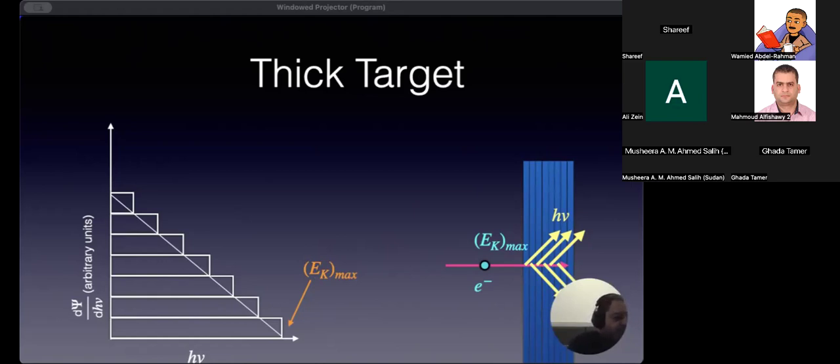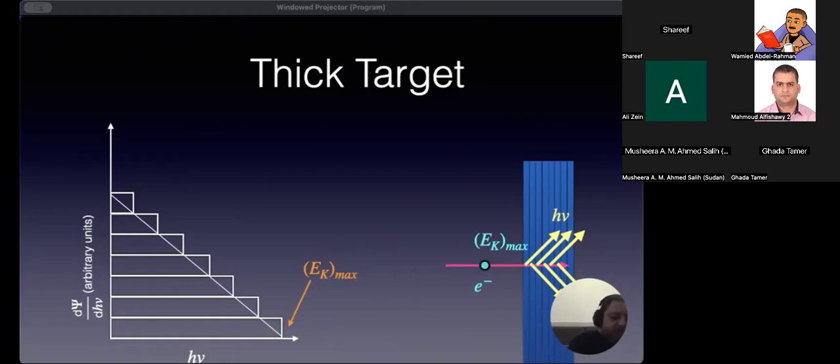Now, in the second layer, the energy fluence produced by this electron, again, is going to be constant. But now the maximum energy is going to be less, because the electron, as it entered this second layer, had less energy than when it approached the target.